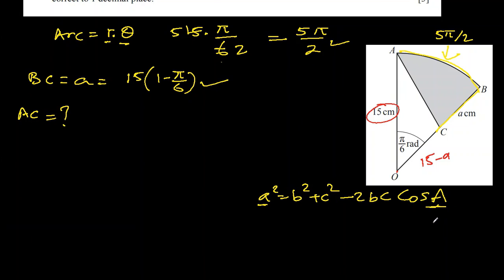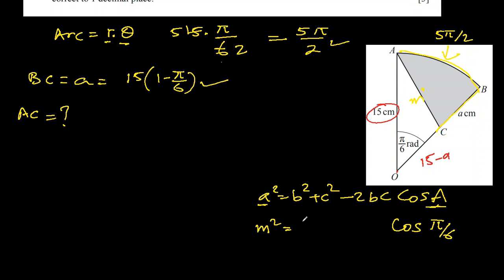So the angle we know, pi by 6, and the side will be AC. Let's call it M squared, because A is already used here, so I'm using M. B and C are the other two sides of the triangle.